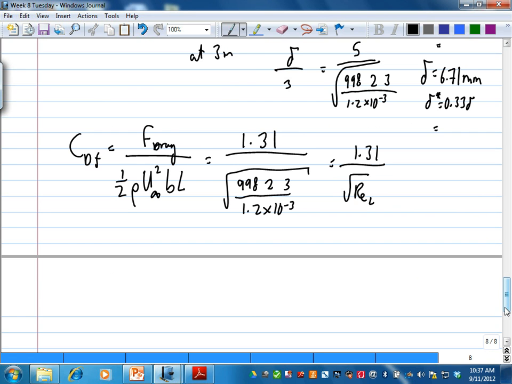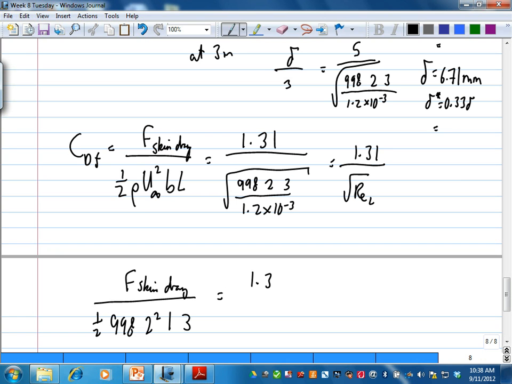So the skin friction drag in this case, F skin drag, over half rho, where rho is 998, U is 2 squared, B is 1, L is 3, is equal to 1.31 over the square root of 998, 2, 3, 1.2 times 10 to the minus 3.